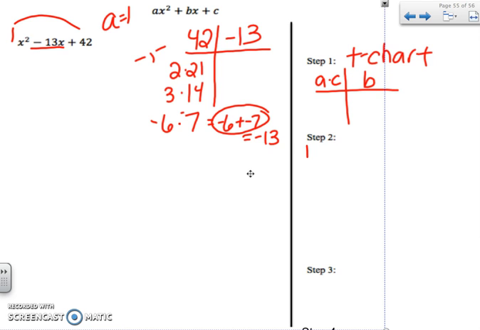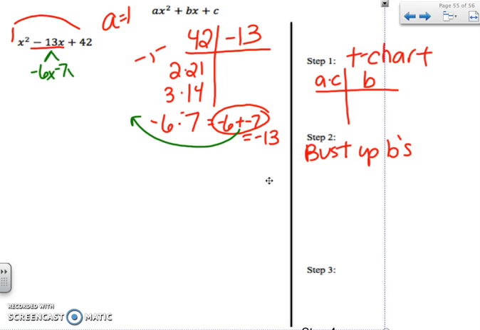So again, step 2 is to bust up the b's. So you're just going to replace these two terms for your b term. So again, order does not matter. You could write negative 6 here, or you could write negative 7. And again, don't forget to add your variables, since that 13 did have an x.